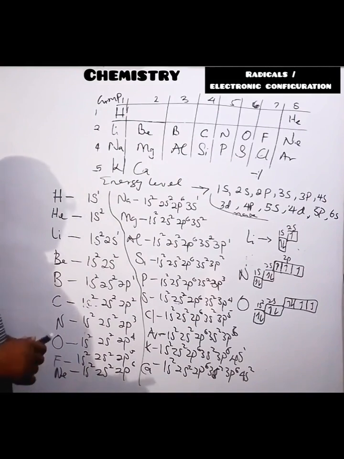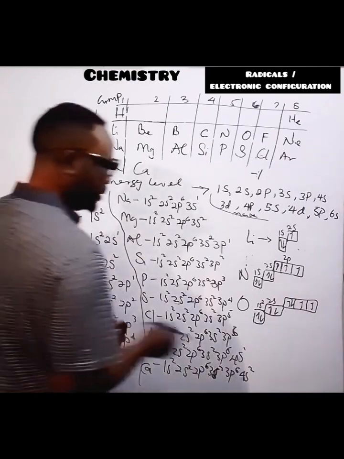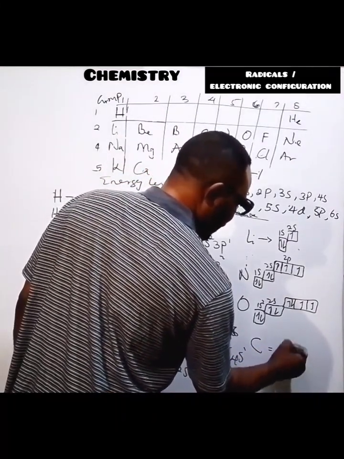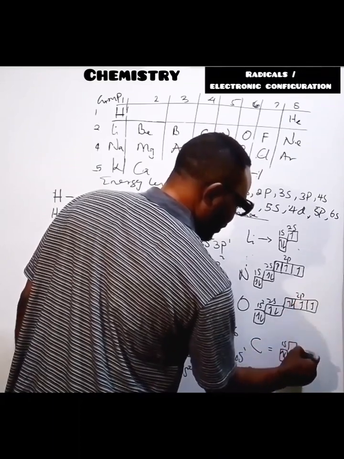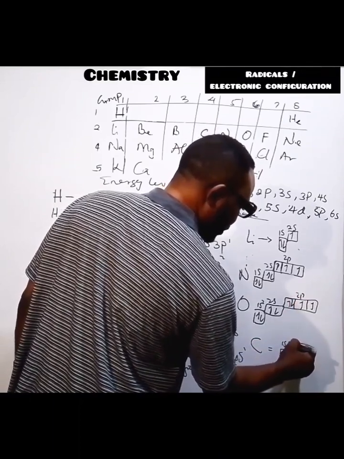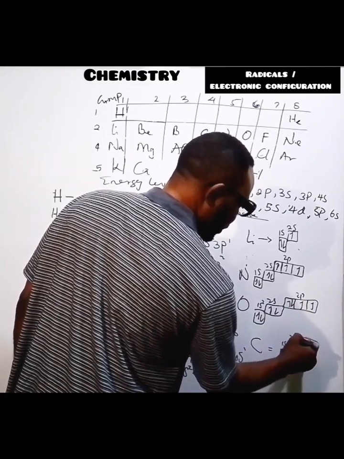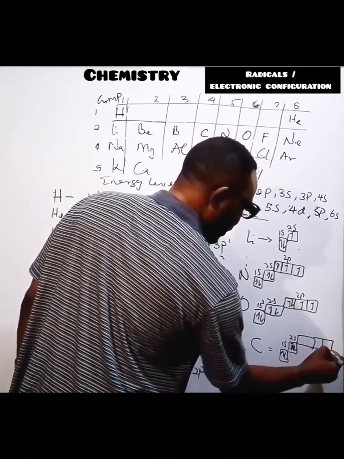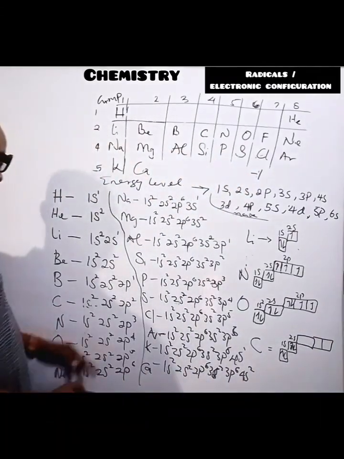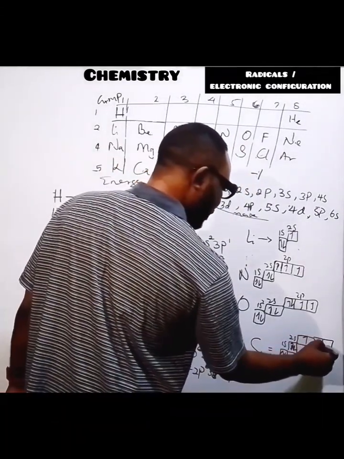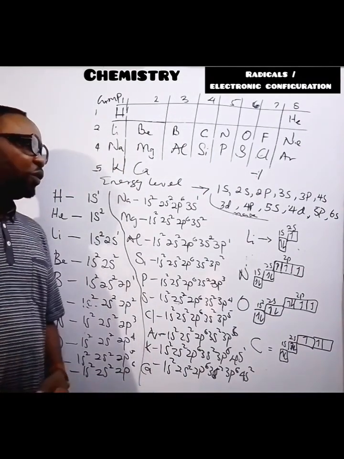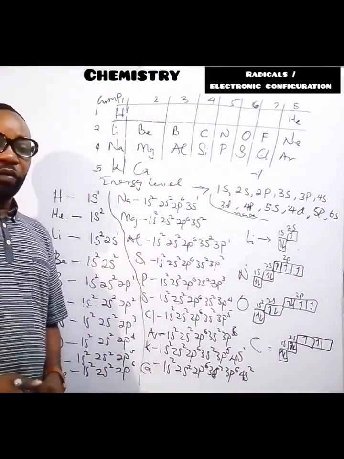Let me also talk about carbon. Carbon is 1s2, 2s2, and 2p what? 2p2. That'll be 1, 2. That is how you are going to fill it in order of that nature.